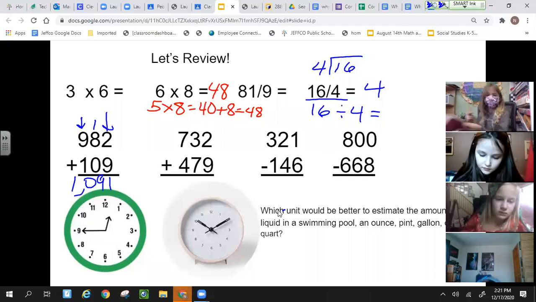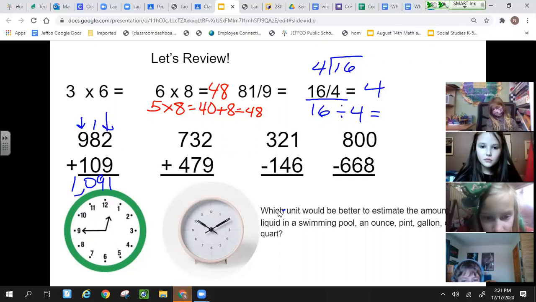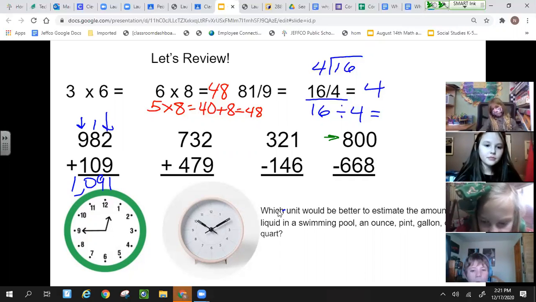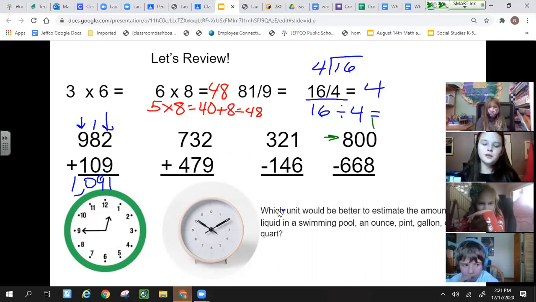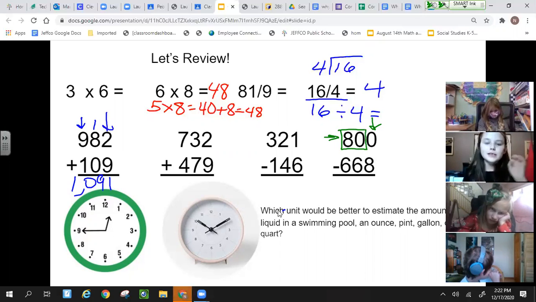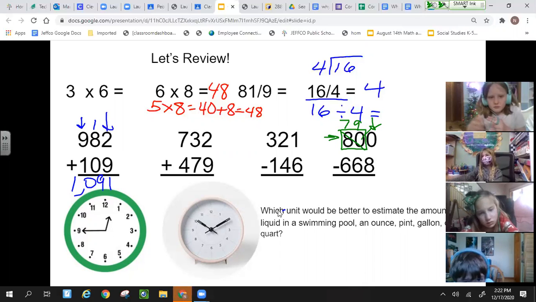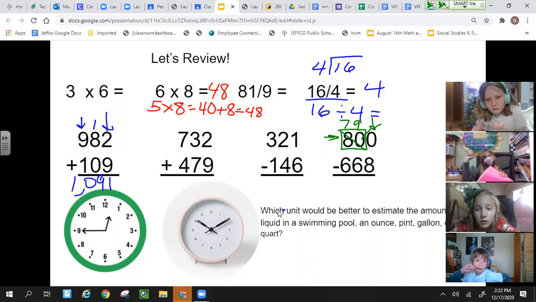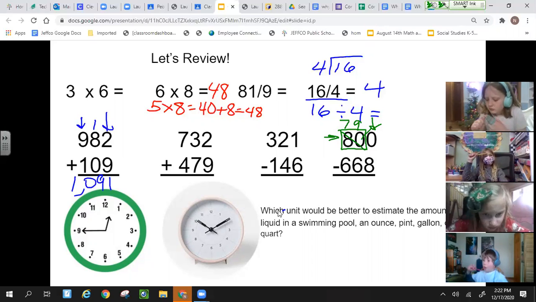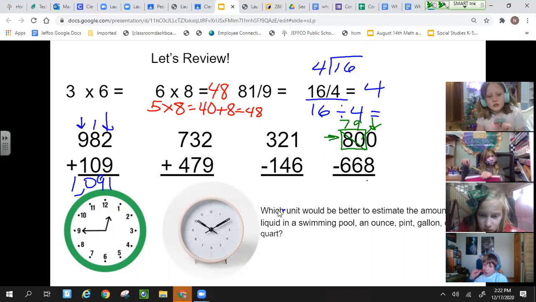All right, Astria, do you think you can do this one? 800 minus 668? So what you do is you box, since you can't do 0 minus 8, you box the 80 and then you make it 79. And then you make your 0 10. And 10 minus 8 would be, I think you muted by accident.